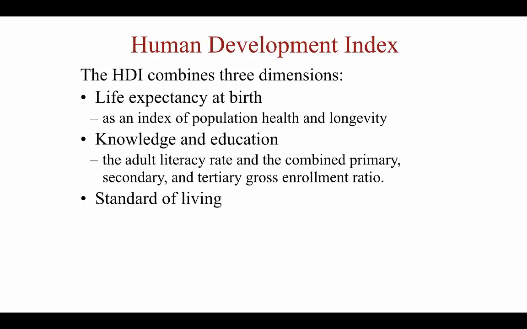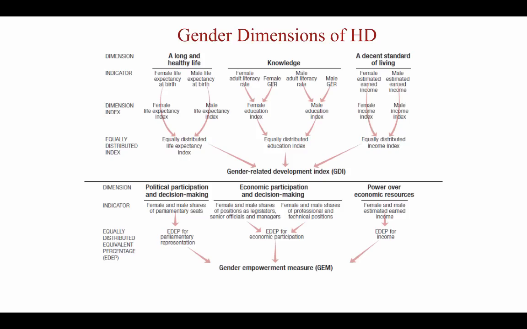This Human Development Index was used to compare the human development between different countries. Since the 1990s, more sophisticated human development indices have been created to determine more accurately the human development of countries.